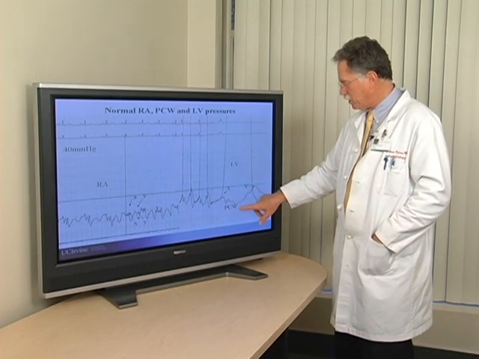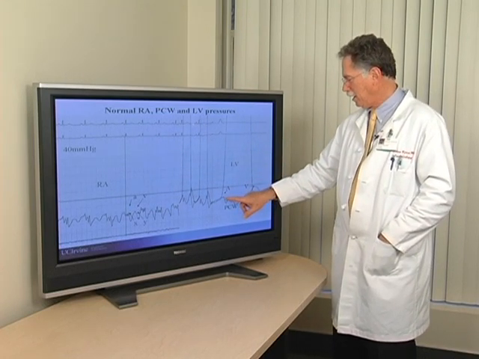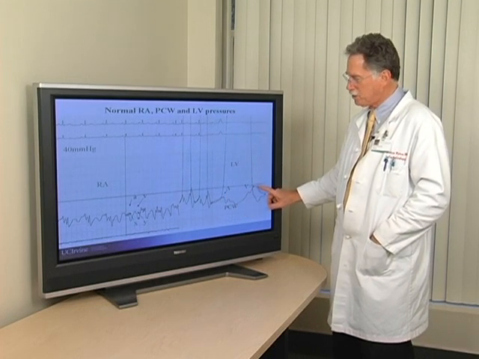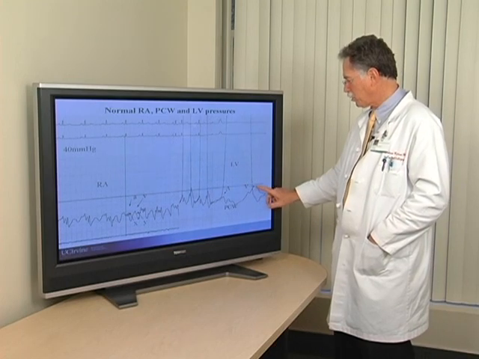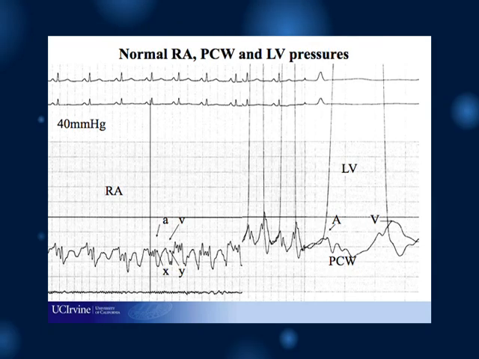Interestingly, because the wedge pressure is delayed through the pulmonary capillaries, there is a 40 to 140 millisecond delay in the peak transmission of pressure. We'll see later that left atrial pressure actually occurs earlier than wedge pressure. But these are the normal waveforms we see for left and right atrial pressure.